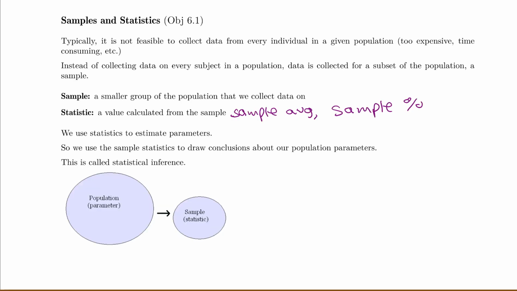In this graphic, we have our population and then we take a small sample from our population. The population has some number like the average, and in our sample we can also get the average. Then we use our sample to estimate the numbers for our population.